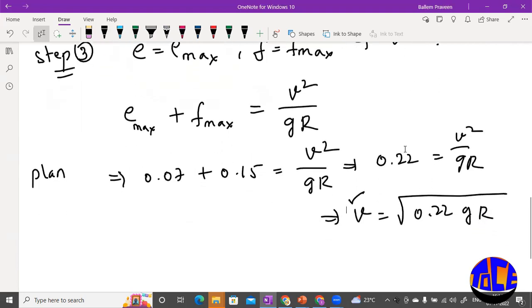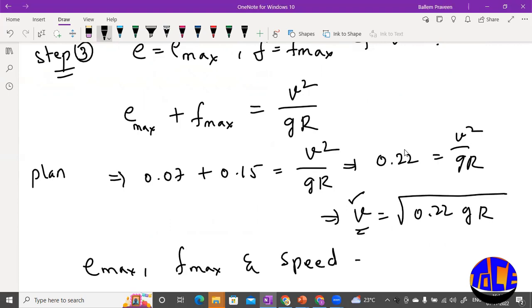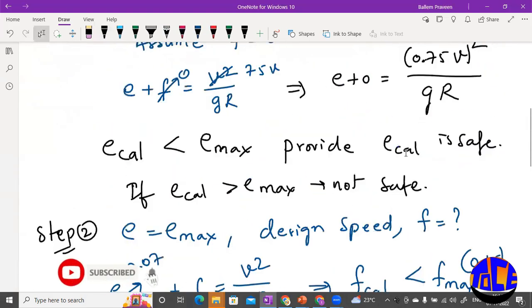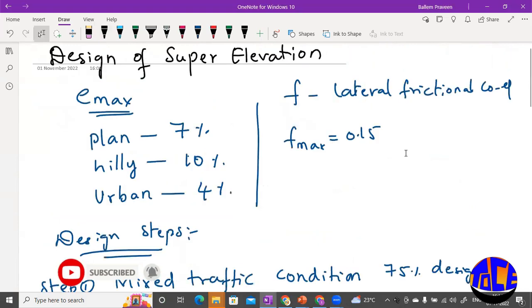In step 3 you have to reduce the design speed to V. So provide E max and F max, and the speed is equal to the V that you have calculated. This is how you will perform the design for the super elevation from the given values. I hope you have understood. Thank you all.